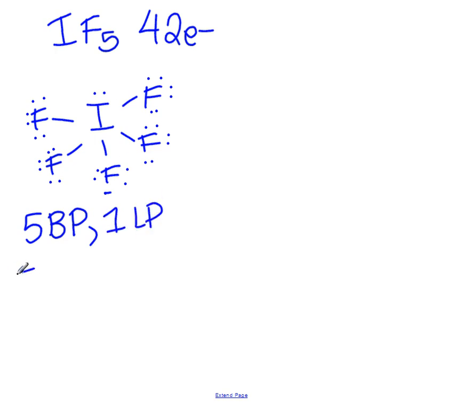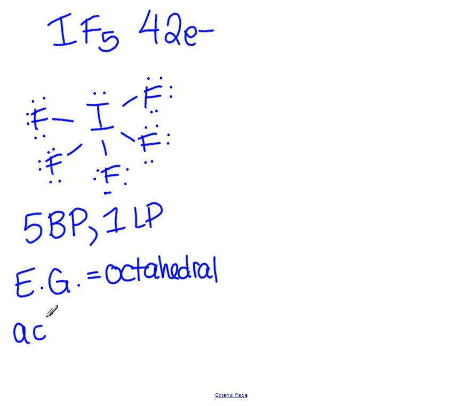So my electron group geometry or family, when I have 6 groups, 5 plus 1 is 6, means it belongs to the octahedral family. And my actual shape, I have to go and check. Actual shape, 5 bonded pairs and 1 lone pair, should be square pyramidal.